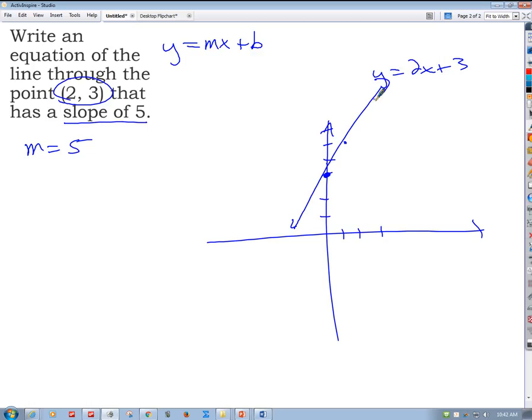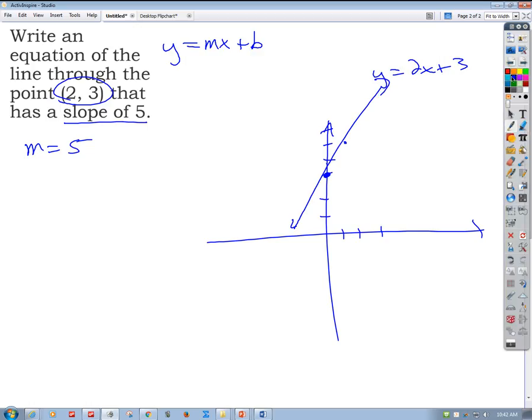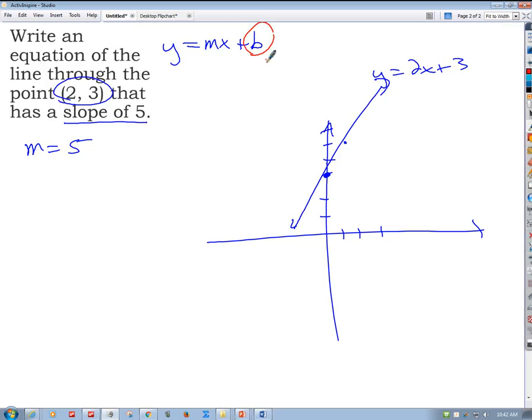So now if I want to go back and solve for b, what's my strategy? Any ideas? Plug them in, right? I know values now of m and x and y that work on this line. The only thing I'm missing is b. It doesn't matter that x and y are variables and m is a parameter.